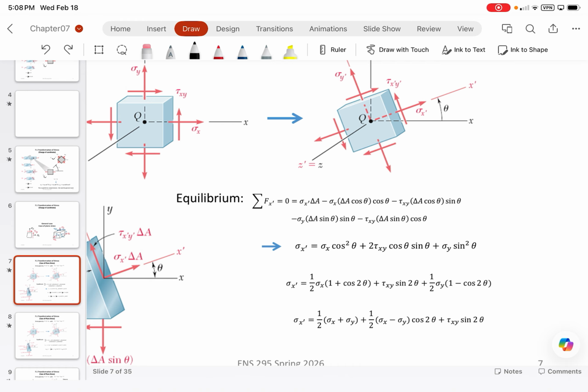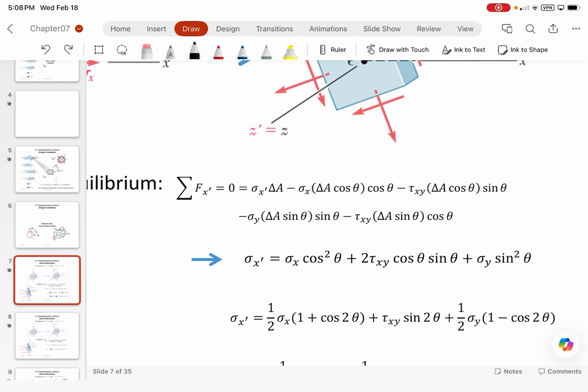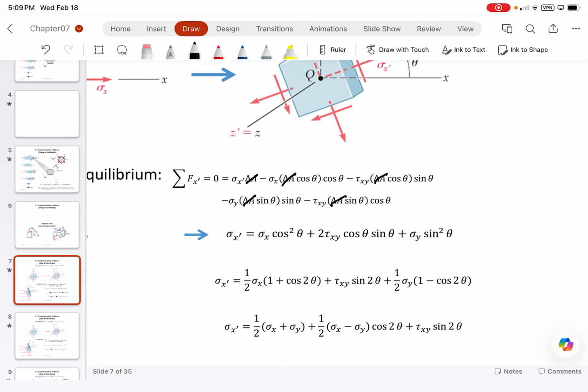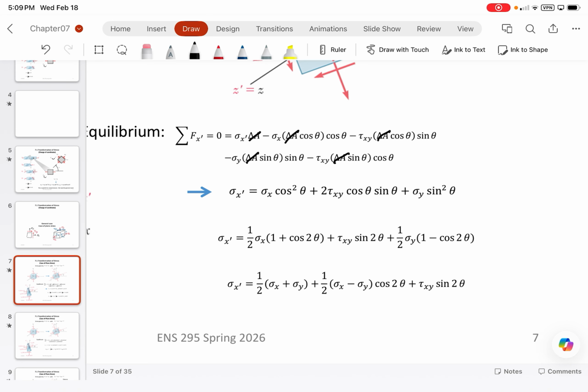Because if you remember, our stresses are just a means of defining a force per unit area. So all of the areas will just end up canceling out through this equilibrium term, which then allows us to write an equilibrium equation in terms of stress, not necessarily force. Right?